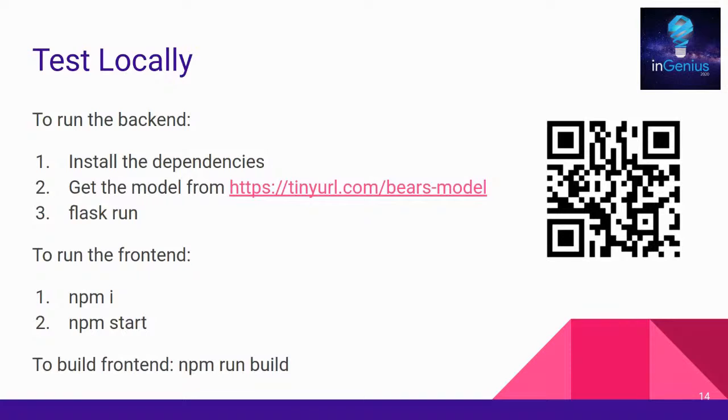This is the model that we have trained, and it just classifies bear images. Again, to run the backend locally, you can just do something as simple as flask run. Now, in the GitHub repository, you'll also see a React frontend. We've used that frontend just so it's easier to visualize how the data is coming from the backend. If you want to test that out as well, you can install the dependencies using npm i and run it using npm start.